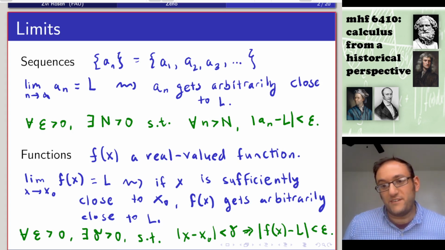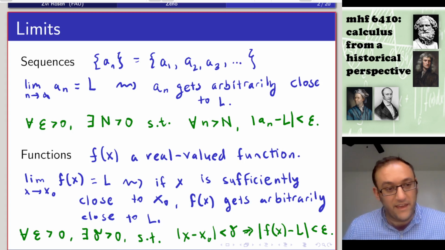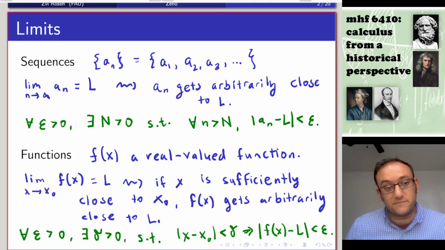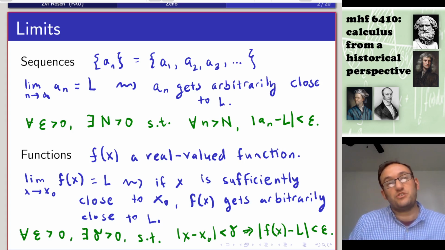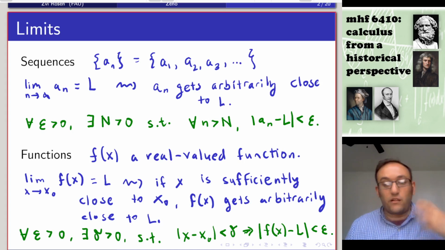And this is the delta-epsilon definition of a limit that's feared by calculus students everywhere, but this really didn't develop until very late in the history of calculus. Okay? This rigorous definition. So our intuition should just be that when we're close to some fixed value, the function values get closer and closer to whatever limit we're thinking about.